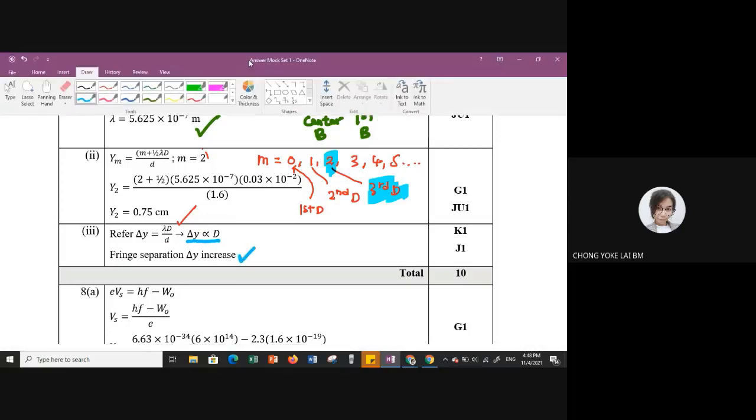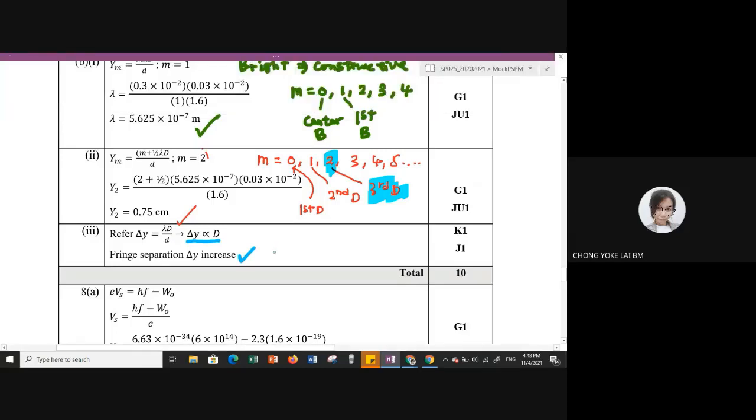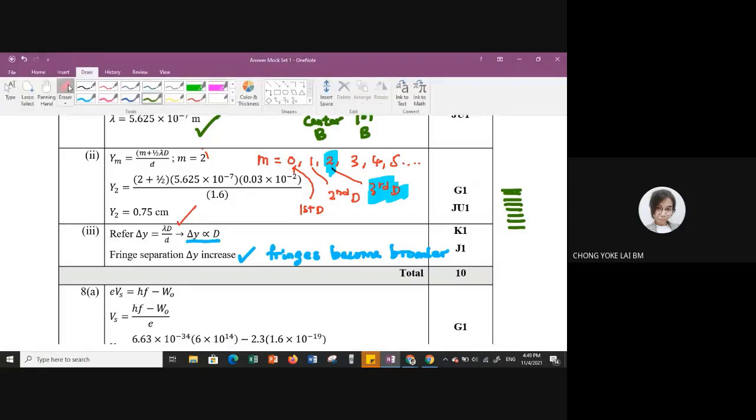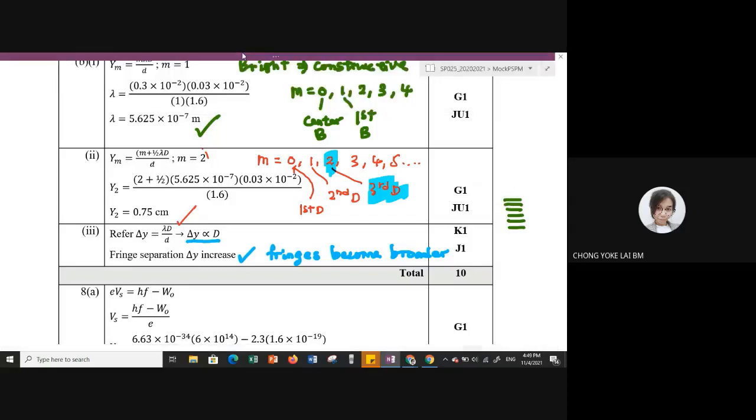Okay, or you might say our pattern, our fringe become broader lah. Dia jadi lebih luas. Maksudnya kalau initially dia ialah macam ni, kalau very starting dia macam ni, dia jadi macam ni. Ini yang very starting bila you punya separation adalah 1.6 meter lah.